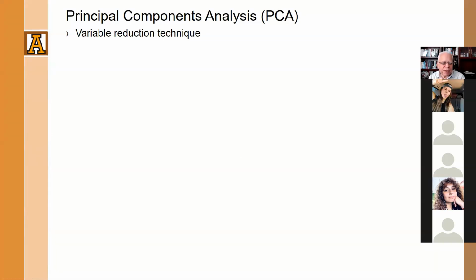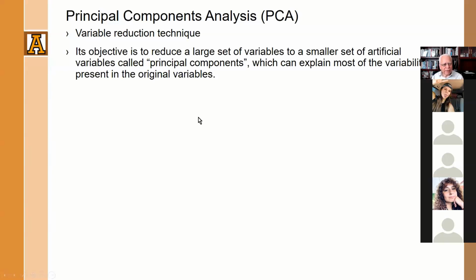Now, in regression analysis, for those of you who took regression analysis, you may have heard the term collinearity or multicollinearity, and that's when several of the independent variables are highly correlated. Well, principal component analysis is a method to reduce the number of variables and will contribute to reduce multicollinearity when we have it.